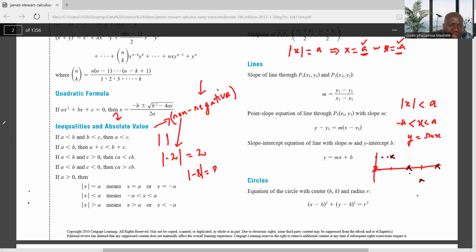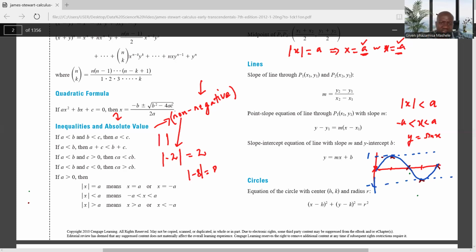So the graph of sine will look like this. We have learned this in grade 12. And remember, the sine graph will have a range of 1 and a range of -1.